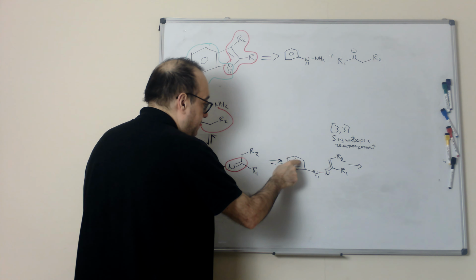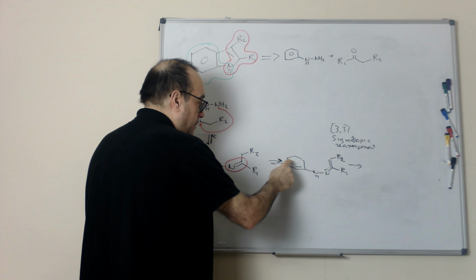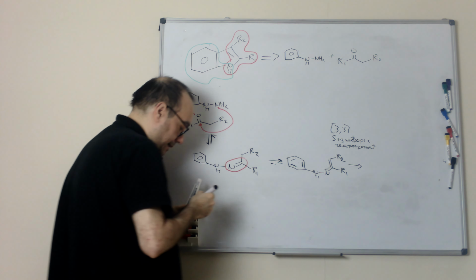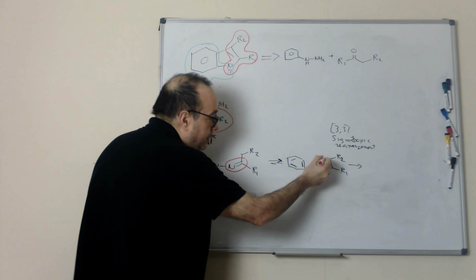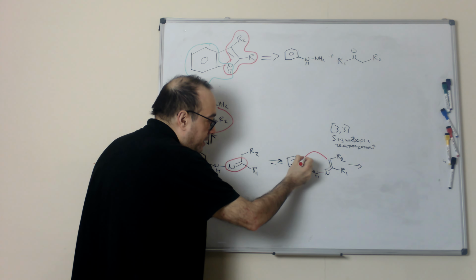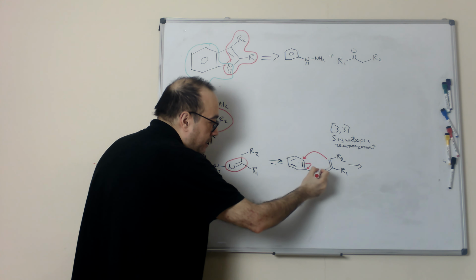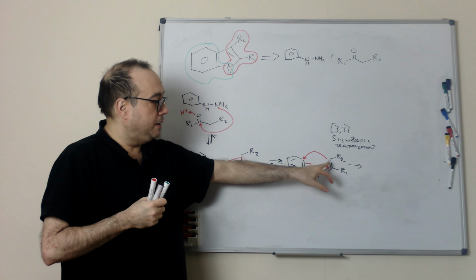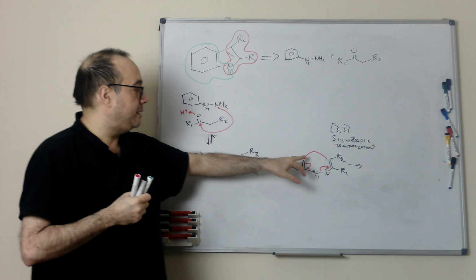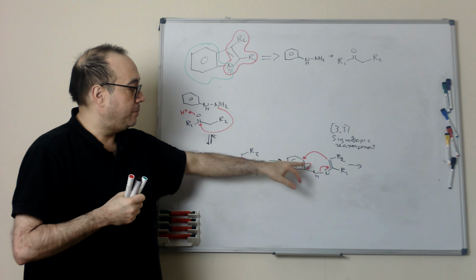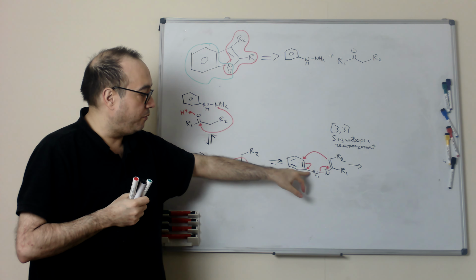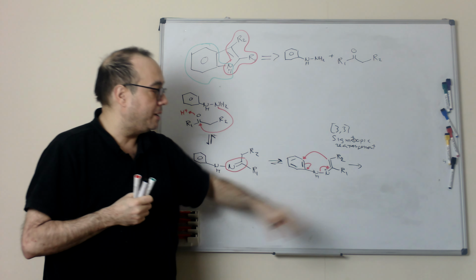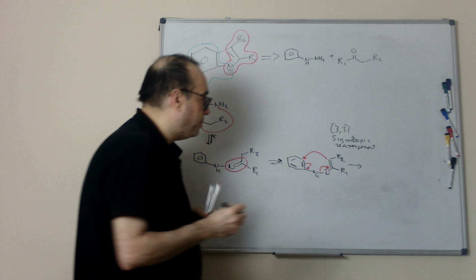But basically, what is happening is that the enamine goes here, this goes here, and this goes here. We have this jump of electrons. The two electrons of the double bond of the enamine are going to the aromatic ring. The pair of electrons of the aromatic ring are forming an imine with this nitrogen, and we break the nitrogen-nitrogen bond to form an imine here, obtaining this compound.